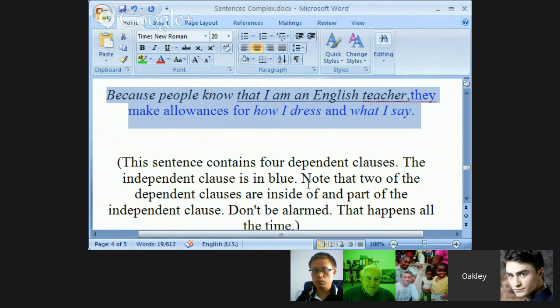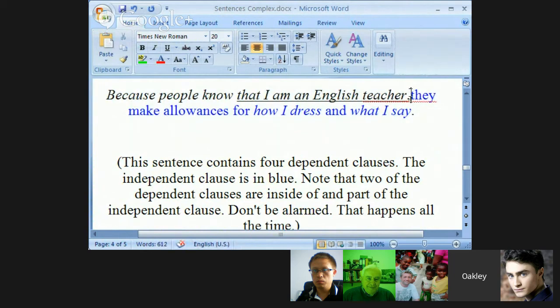Notice that two of the dependent clauses are inside of and part of the independent clause. Do not be alarmed. It happens all the time, as with what we were talking about, relative clauses. They make allowances is actually the independent clause.